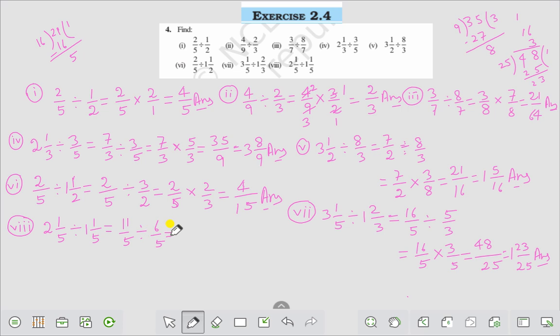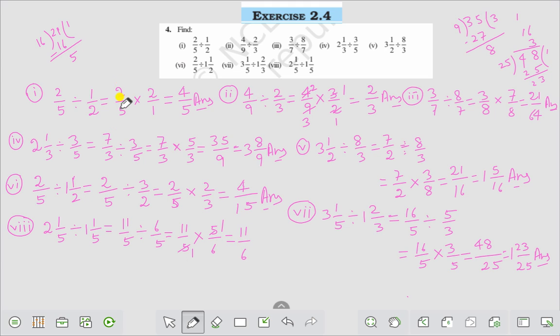That is equal to 11 by 5 multiplied by the reciprocal of 6 by 5, which is 5 by 6. 5 by 6. That is 5 ones are 5, 5 ones are 5. That comes to 11 ones are 11 and 6 ones are 6. 11 by 6.